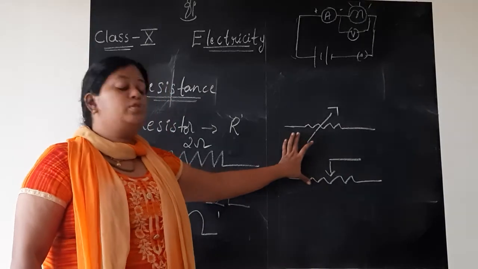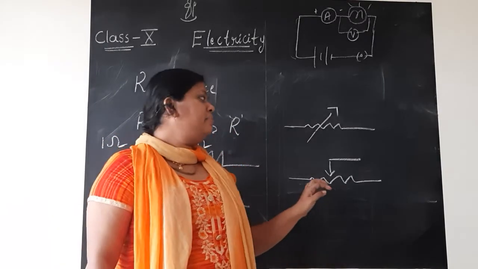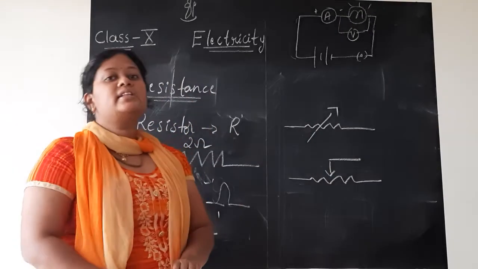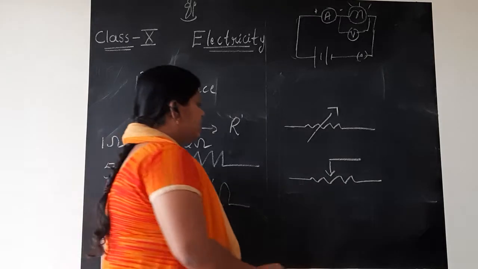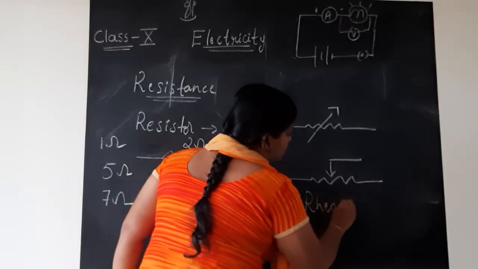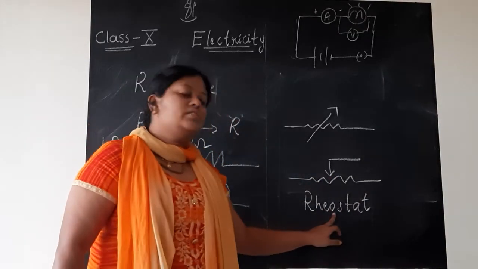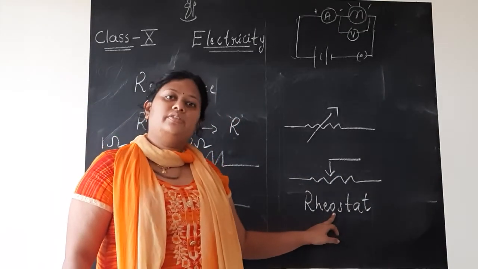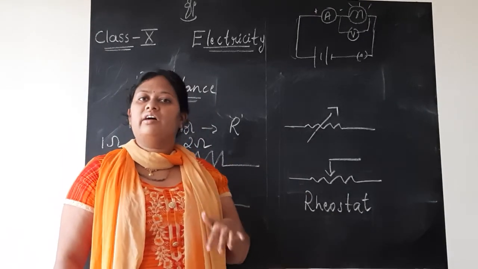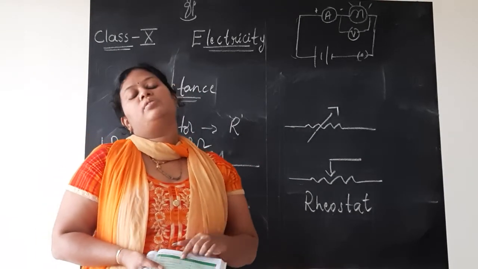Once you come to school, children, I will show you in the laboratory the device where you can vary the resistance value, and that device is called a rheostat. It is the device in which you can vary the value of the resistance depending on our requirement. So these are the different circuit symbols.